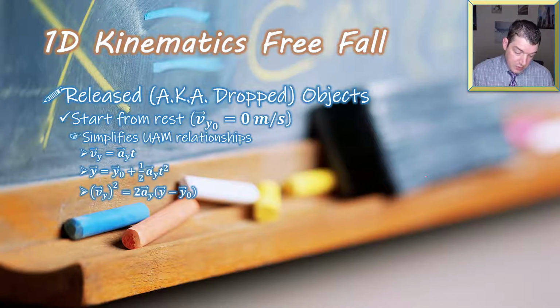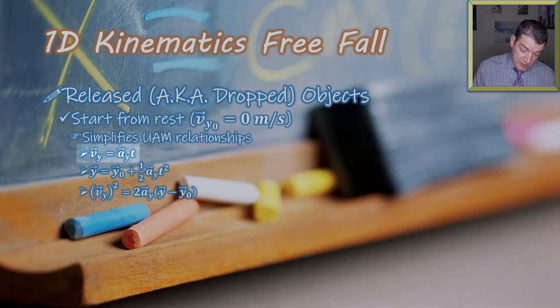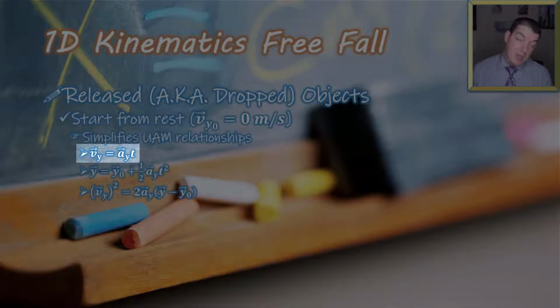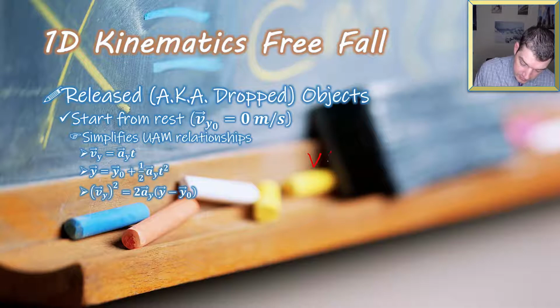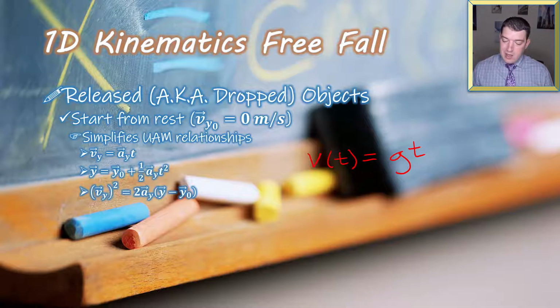One of the functions we're used to is v final equals v initial plus acceleration times time, but since v initial is 0, what we're really saying is that the velocity in the y direction equals the product of acceleration in the y direction times time. V as a function of t is going to equal gt, where again we have to be a little bit careful. Down being positive, we would have a positive g and a positive velocity at any instant in time.